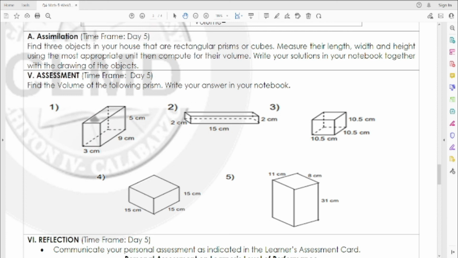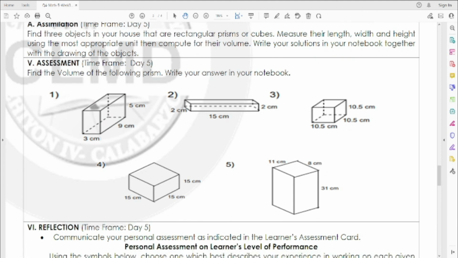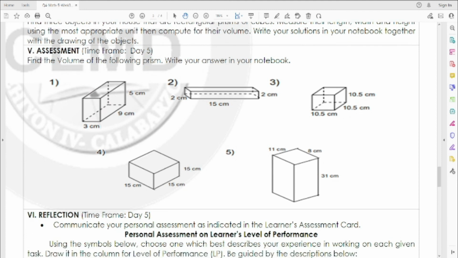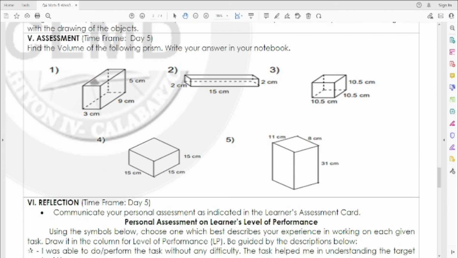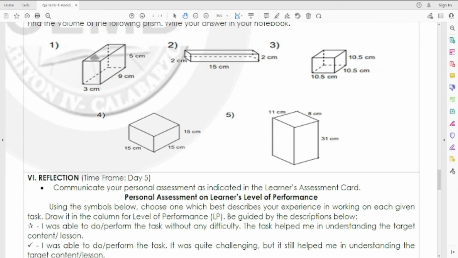All the length, width, and height are given, together with number 3. Number 3 is a cube, so you can use s to the 3rd power. The same with number 4. You can use s to the 3rd power to get the volume. But number 5 is a rectangular prism. That's why you can use volume equals length times width times height.